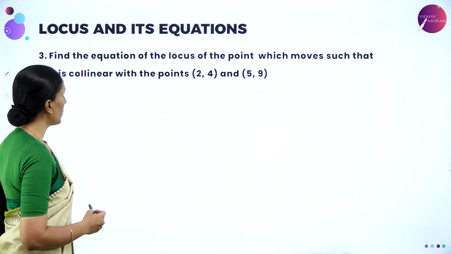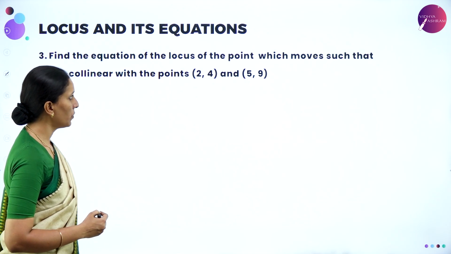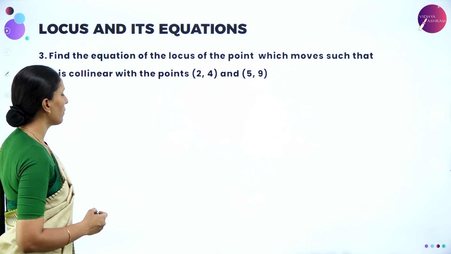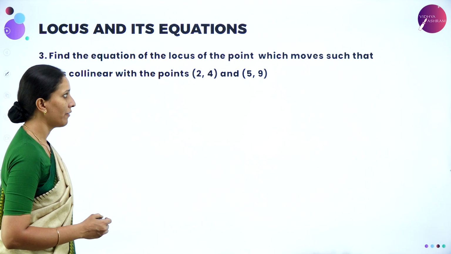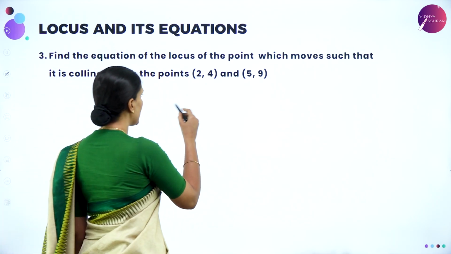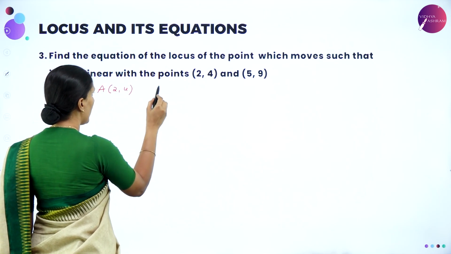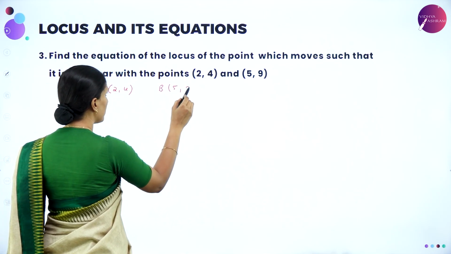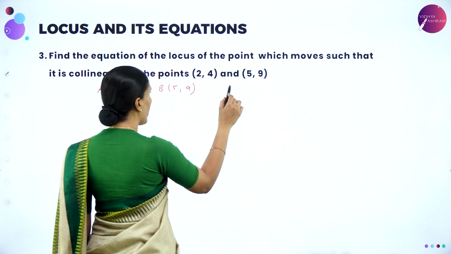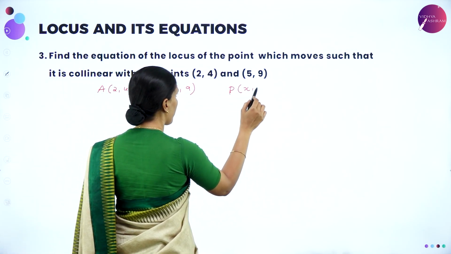Next one, find the equation of the locus of the point which moves such that it is collinear with the points 2, 4 and 5, 9. So let me consider this point as A 2, 4 and B 5, 9. So let the required point be P x, y.